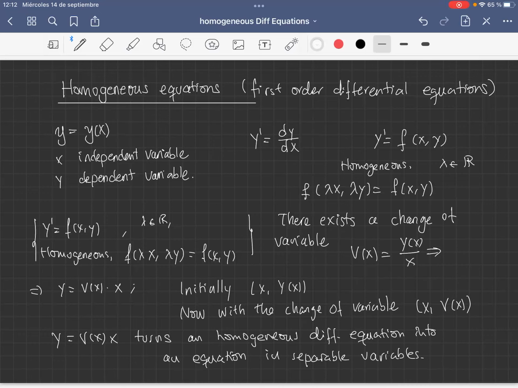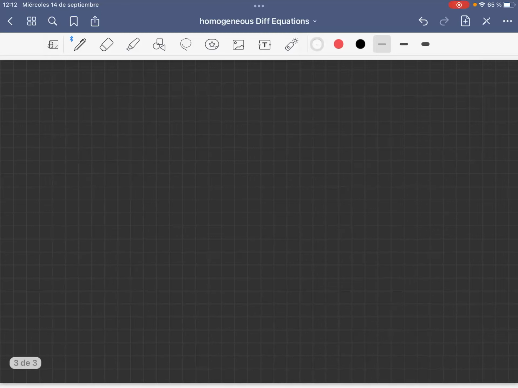It's pretty straightforward. So let us start again with our equation, and let me introduce the change of variable, which is y equals v times x.